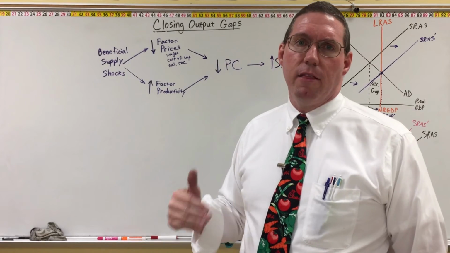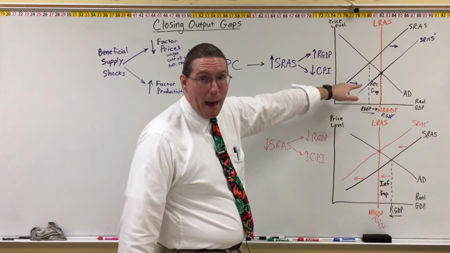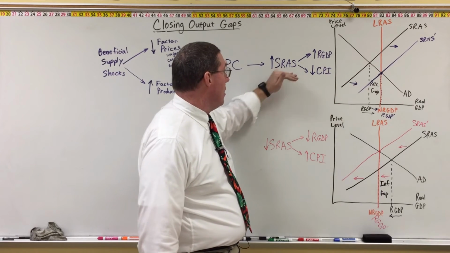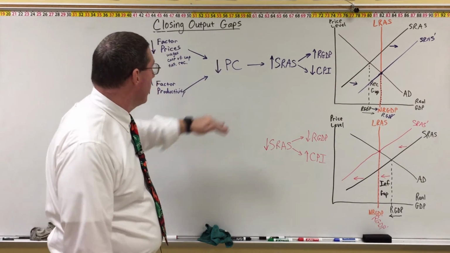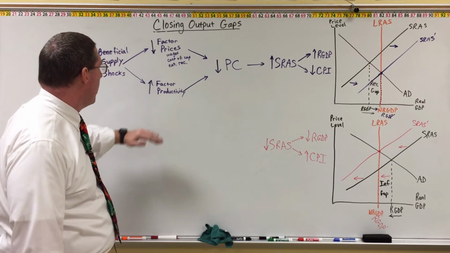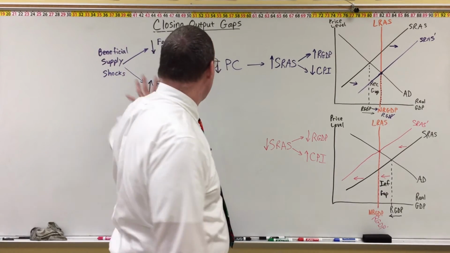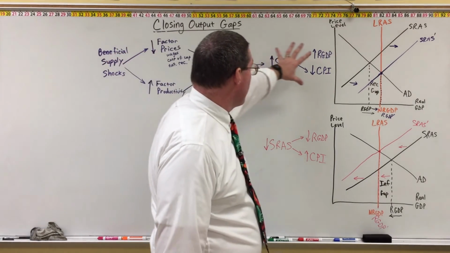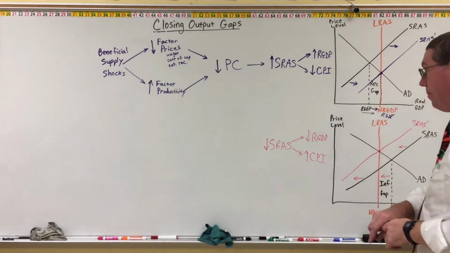Which of these 10 things will close a recessionary gap by increasing short-run aggregate supply? And then you would want to pick a decrease in production costs, a decrease in factor prices, a beneficial supply shock, or an increase in factor productivity. So this is our chain of events that results in closing a recessionary gap.